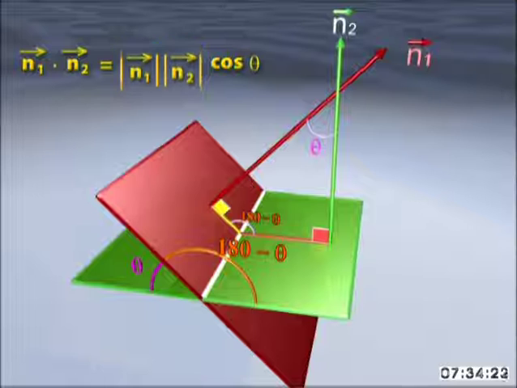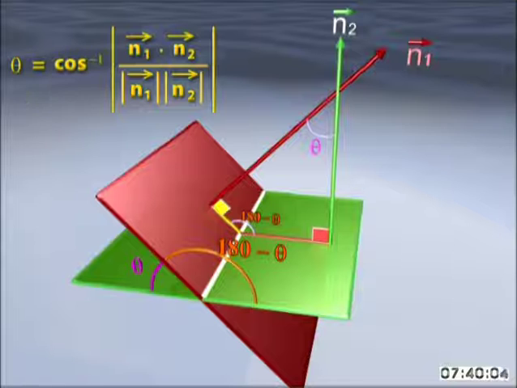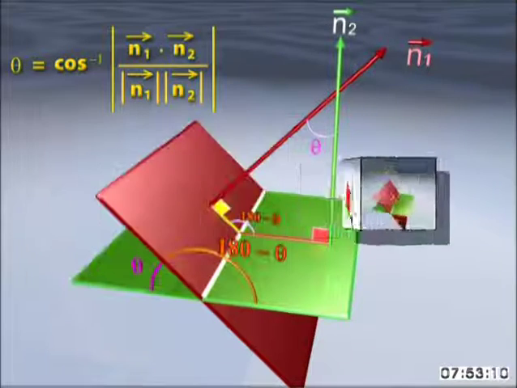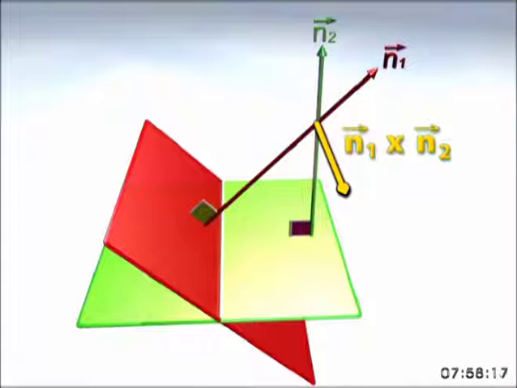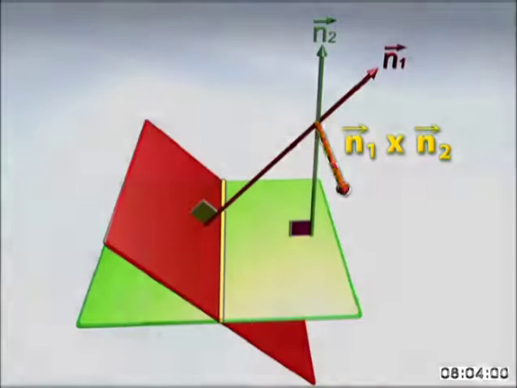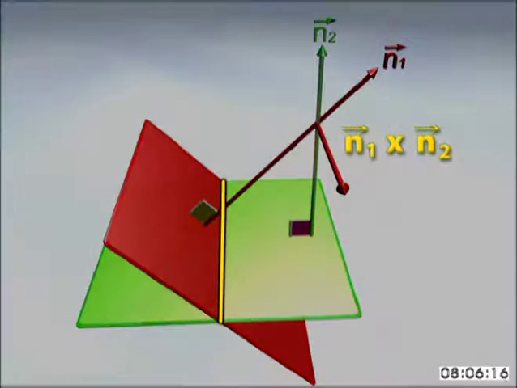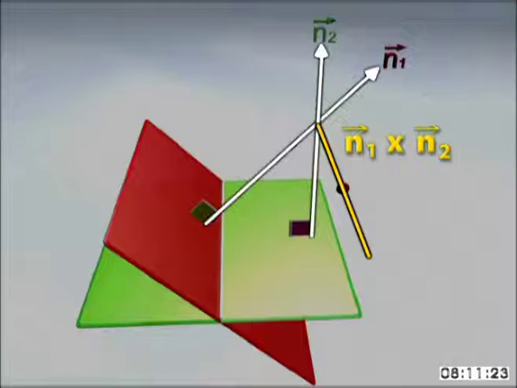This further implies that theta is equal to cos inverse of dot product of vector n1 and vector n2 upon magnitude of vector n1 into magnitude of vector n2. The line of intersection of the planes is always perpendicular to both the normals, that is, the vector n1 cross vector n2 is parallel to the line of intersection of two planes.